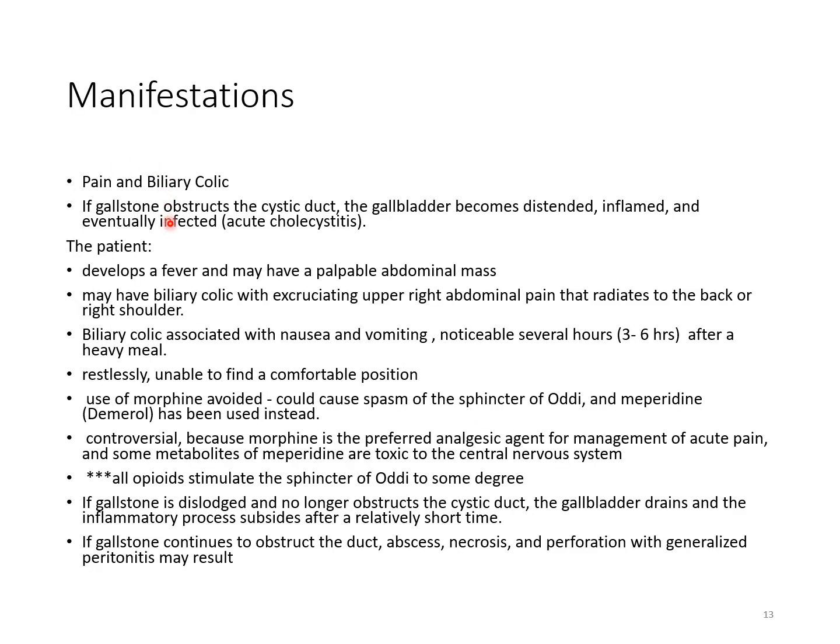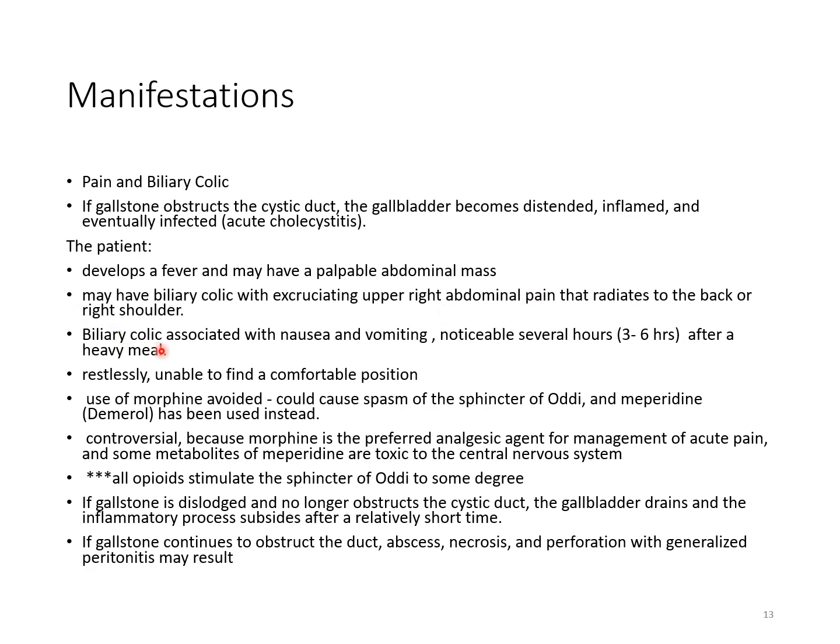All right, if the gallbladder obstructs the cystic duct, and then the gallbladder becomes distended, inflamed, and eventually infected, that can cause what is known as acute cholecystitis. The patient can have a fever, a palpable abdominal mass, and biliary colic with excruciating upper right abdominal pain radiating to the back or the right shoulder.